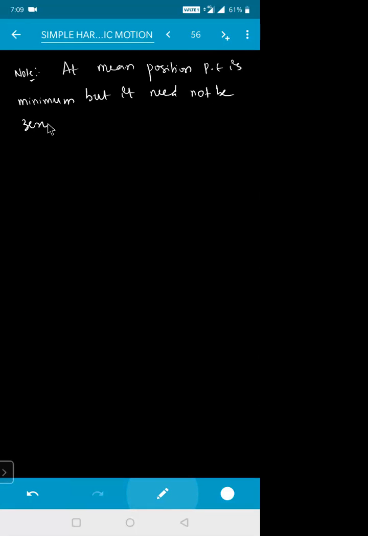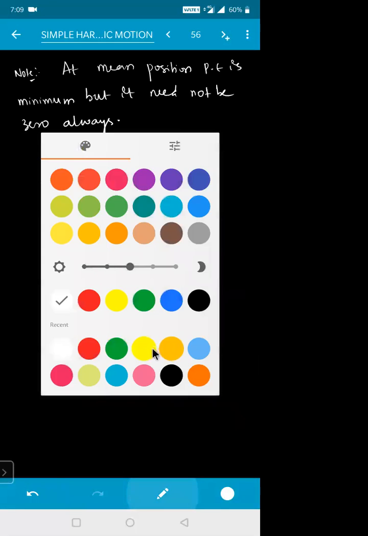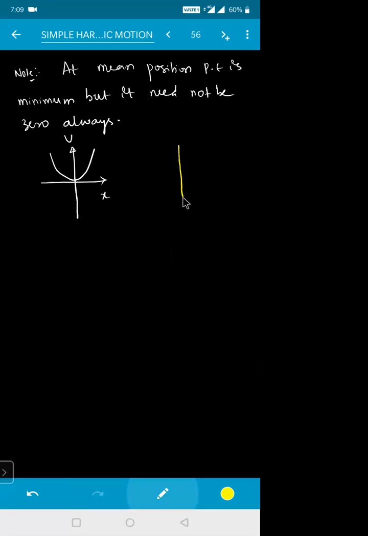It need not be zero always. If I am talking from the origin right now, this was the graph of potential energy versus position. It can also be something like this. So this is your U and this is your X.